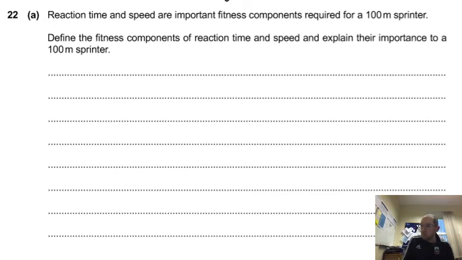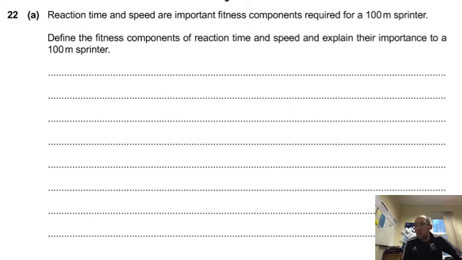So it says reaction time: the length of time it takes a performer to respond to a stimulus, or the time between the onset of the stimulus and the initiation of the response or movement. So another mark for importance: the quicker the sprinter can respond, react to the gun, the quicker they will get away from the blocks or have an advantage over their opponents.